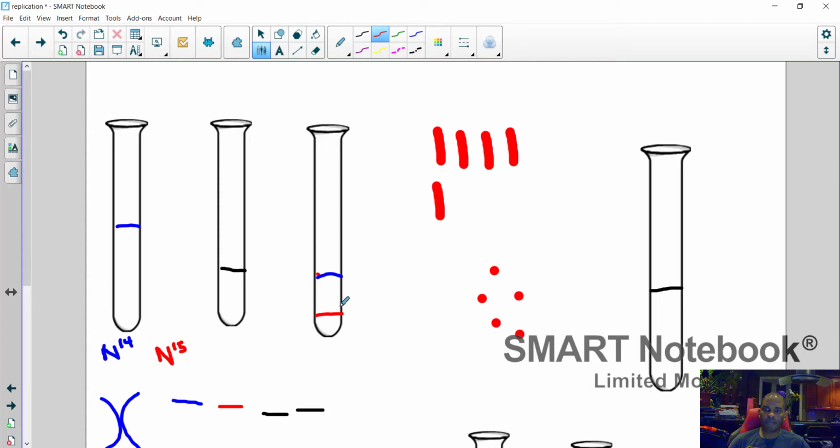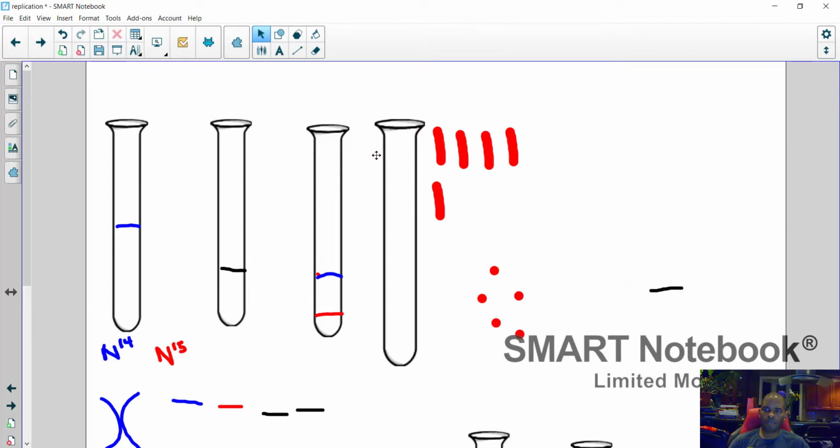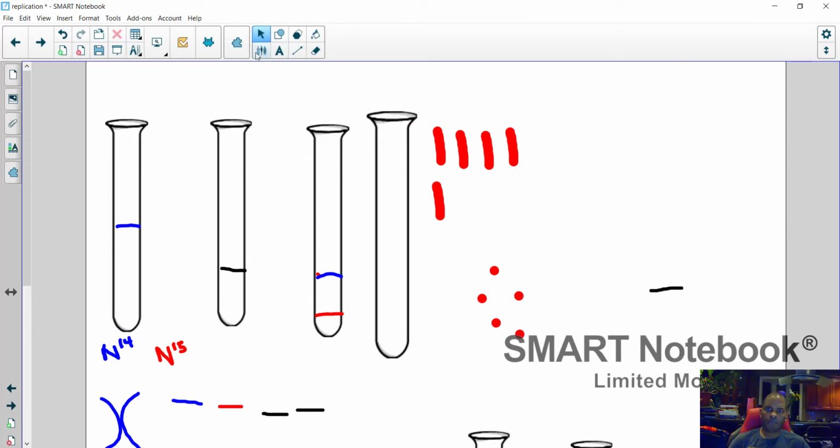And each time they ran it, the band that was higher up remained about the same. And the band that was lower down got thicker, but it was always lower. So what does this tell us?